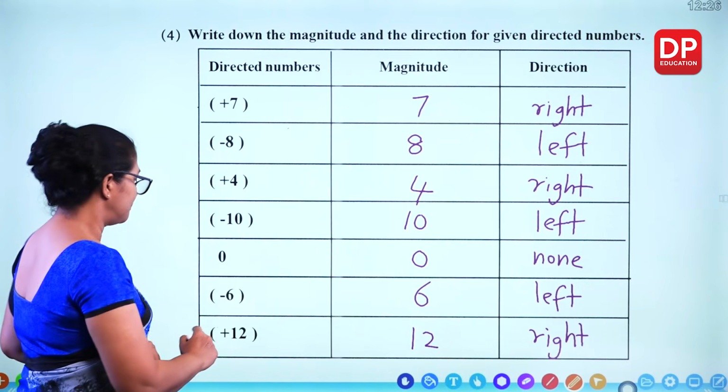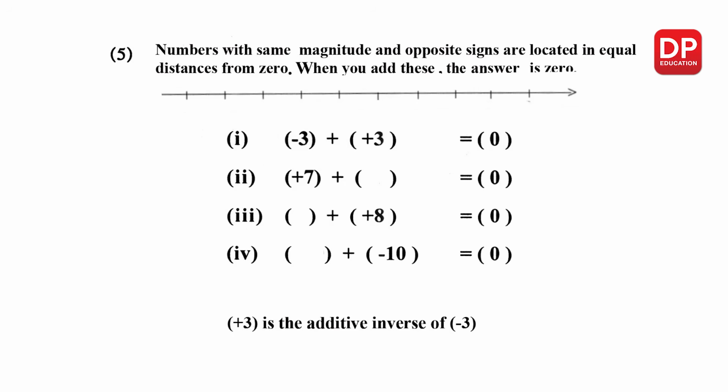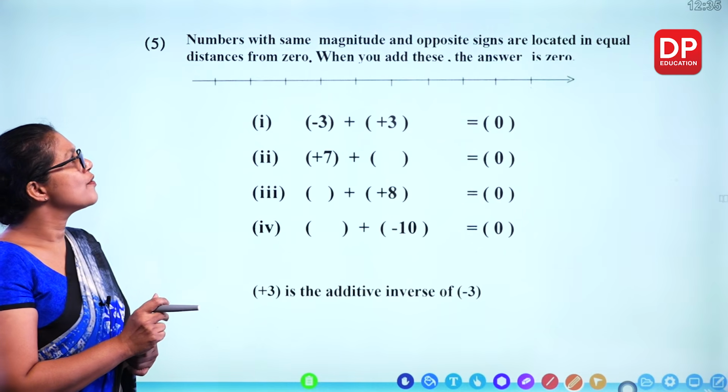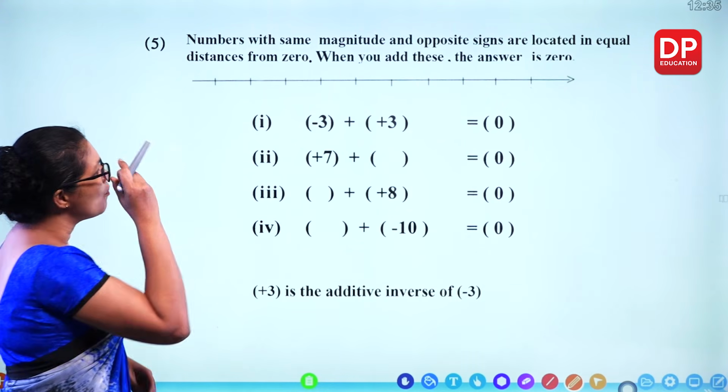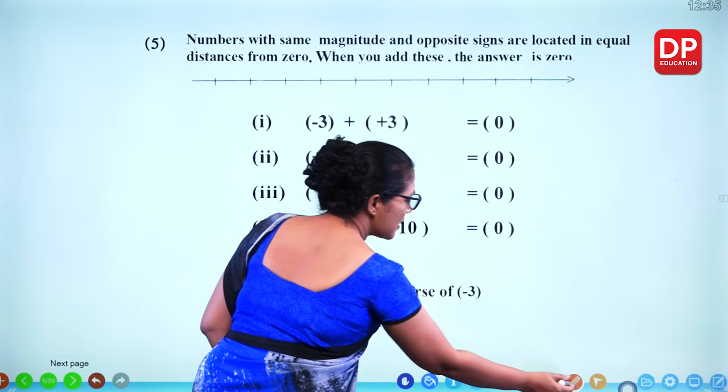Now look at this one. Numbers with the same magnitude and opposite signs are located at an equal distance from 0. When you add these, the answer is 0. Now, what does it mean? Take this one.